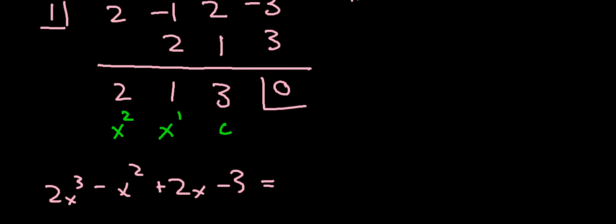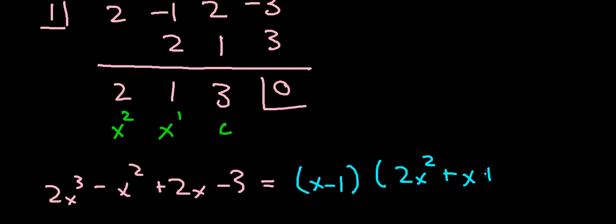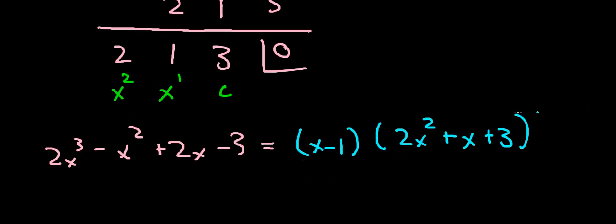We know that x minus 1 is a factor, and then we now figured out this other factor: 2x squared plus x plus 3. And these two things are the same thing. If we multiply this back out, we will get this again. And we can factor this even more.